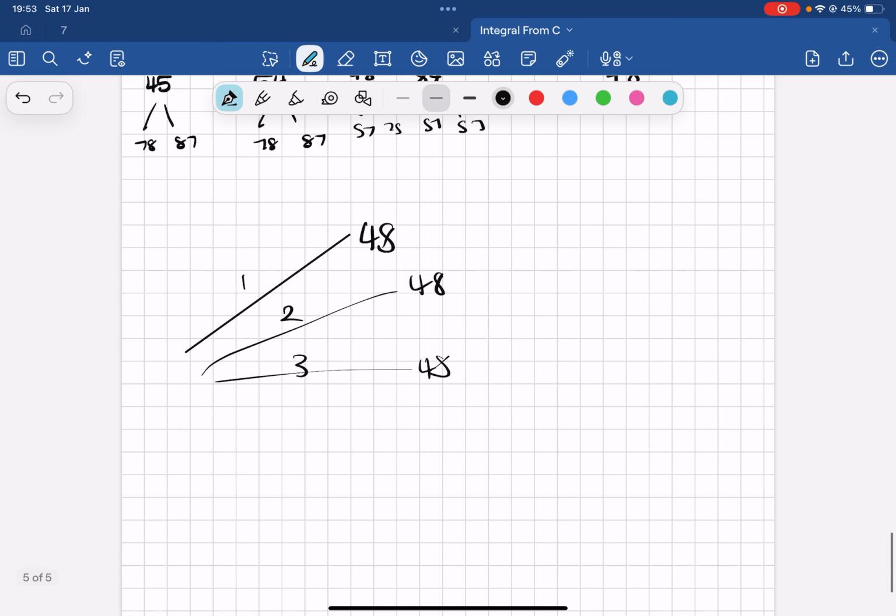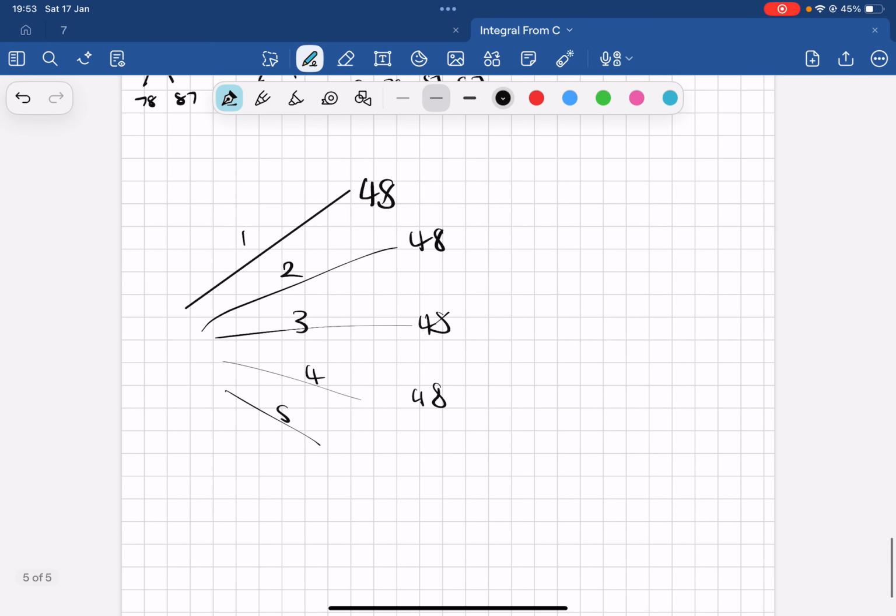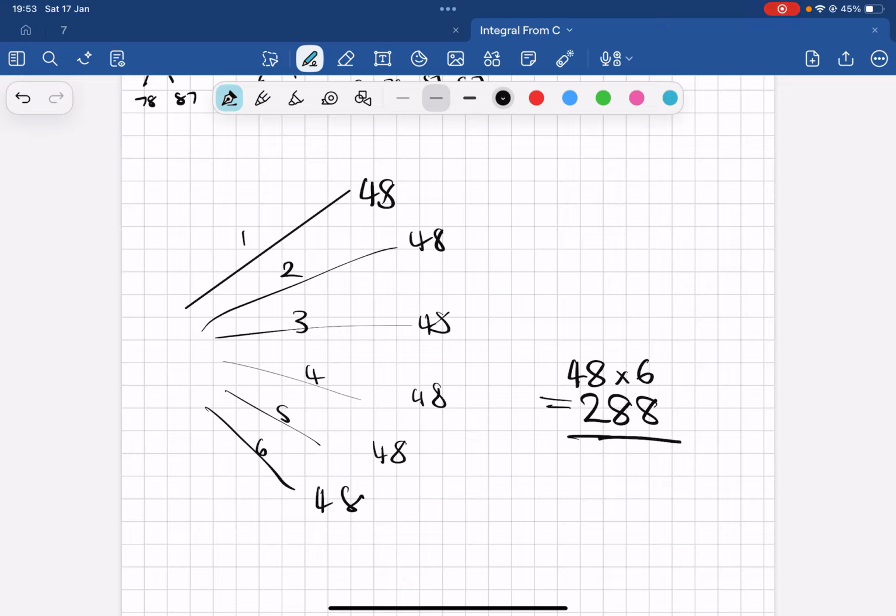The third, 48 options. The fourth, 48 options. The fifth of the 6 is 48 options, and the last of the 6 is also 48. So we've got 48 six times, 48 times 6, and if we evaluate that quickly, that gives us 240 plus 48, 288. So there are 288 ways that we can have 5 two-digit numbers which each have distinct digits between them.